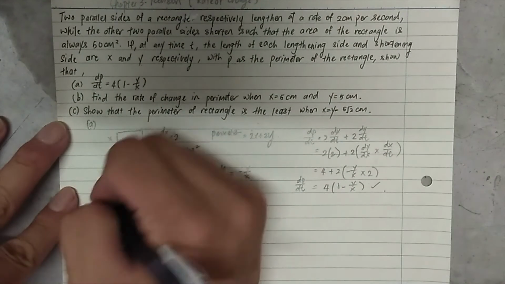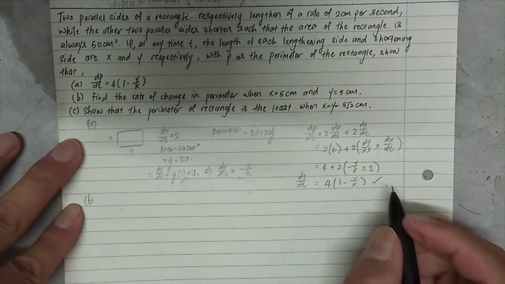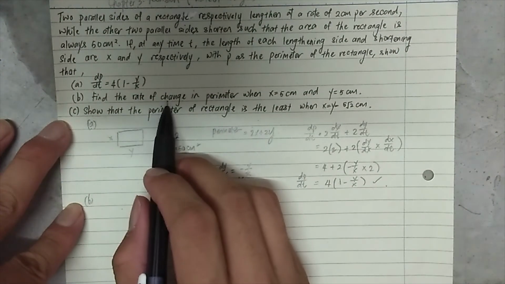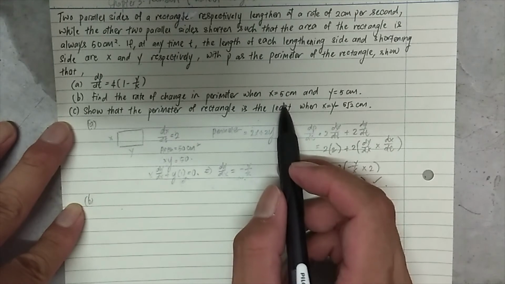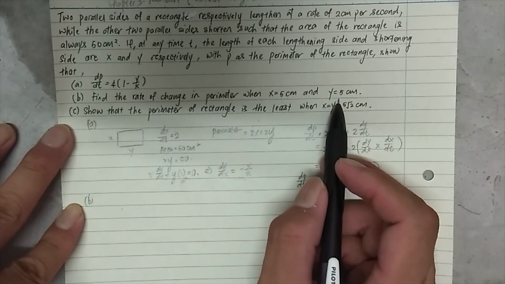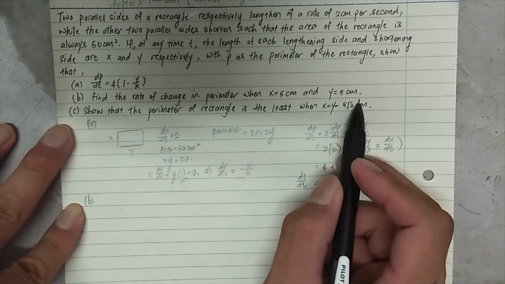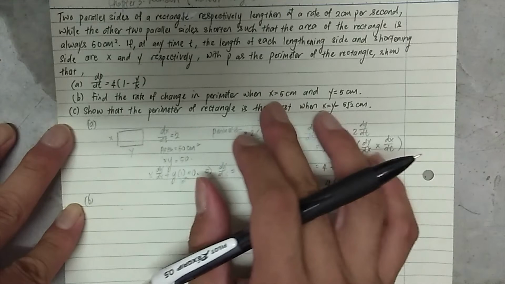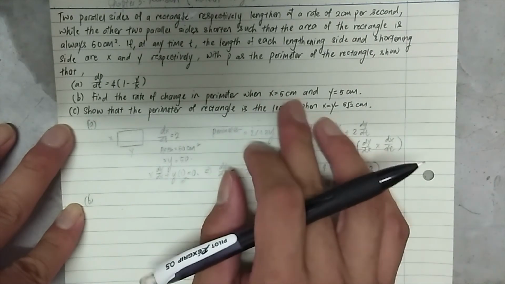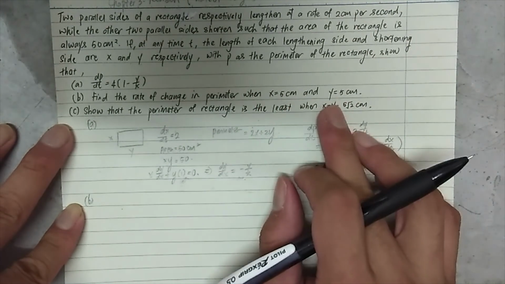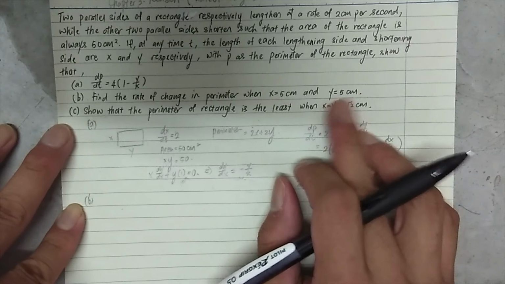For part B, we find the rate of change in perimeter when x is equal to 5 cm and when y equals 5 cm. So this is basically two different questions, right? The first condition is x equals 5 cm and the other condition is y equals 5 cm.